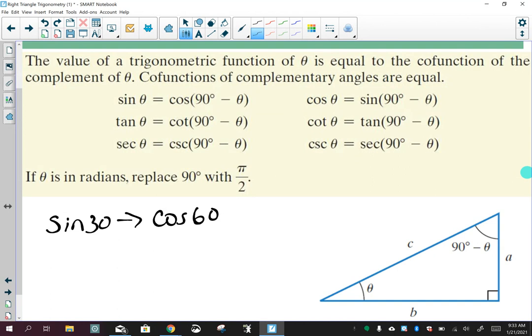These two have the same exact value: the sine of 30 is 1/2, and the cosine of 60 will also be 1/2.